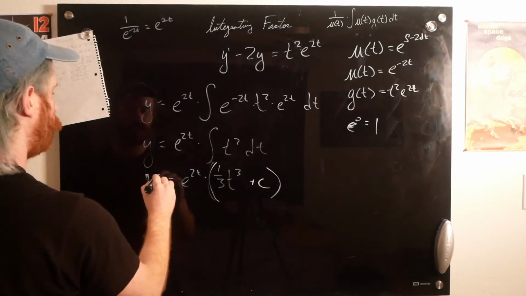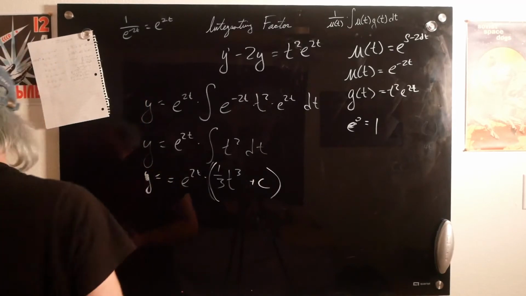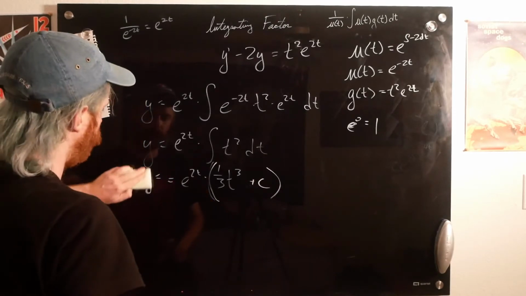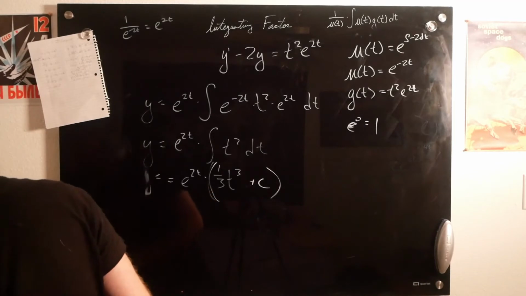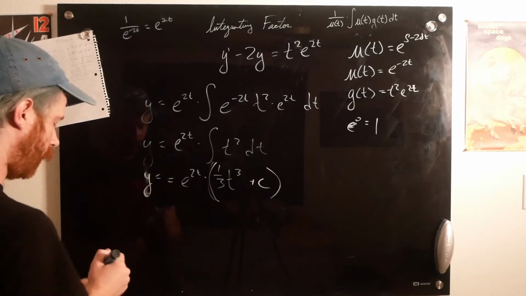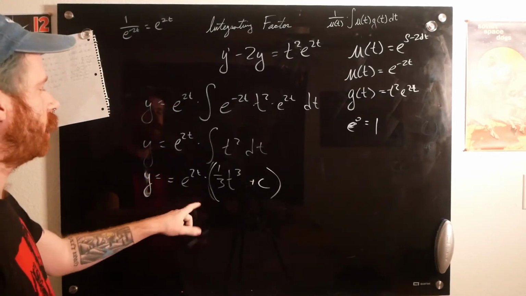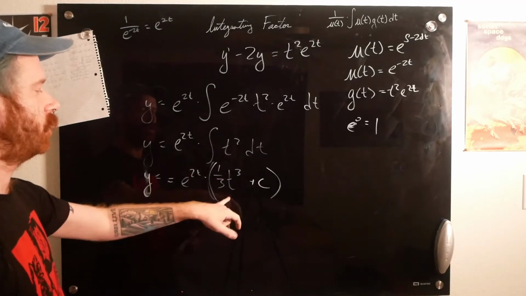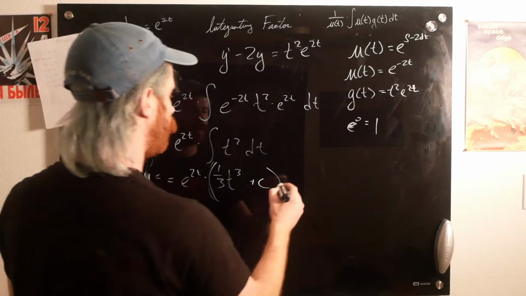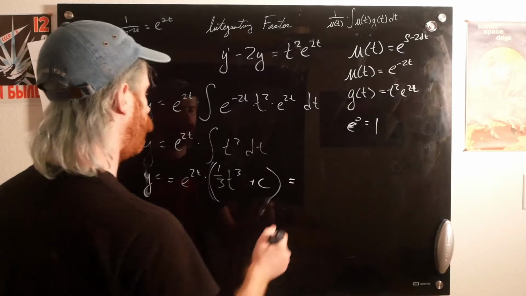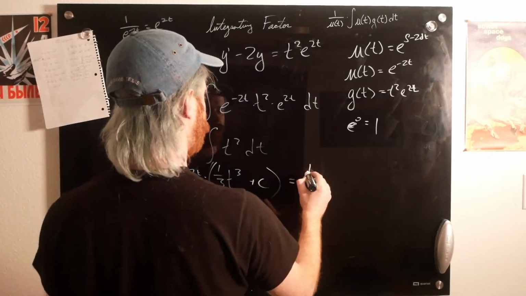This is equal to y. Okay, so y equals e to the 2t times this integral right here, which is 1 over 3 t cubed plus c. So now we can simplify this, and we can combine.